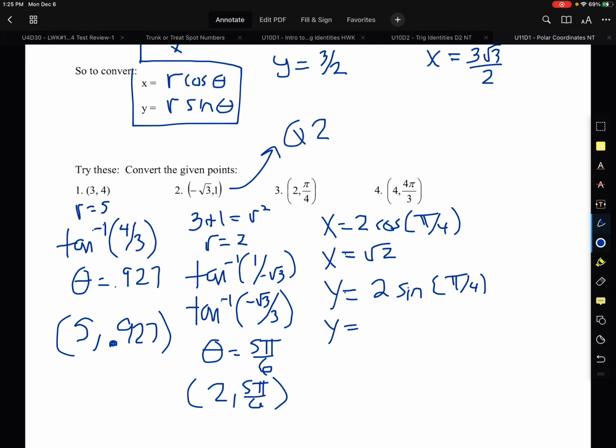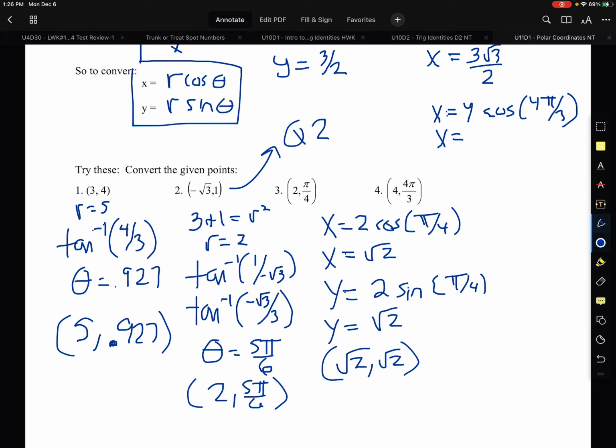That also gives me rad 2 over 2 times 2 for rad 2. I got rad 2 comma rad 2. The last one, I got x equals 4 cos 4 pi over 3.